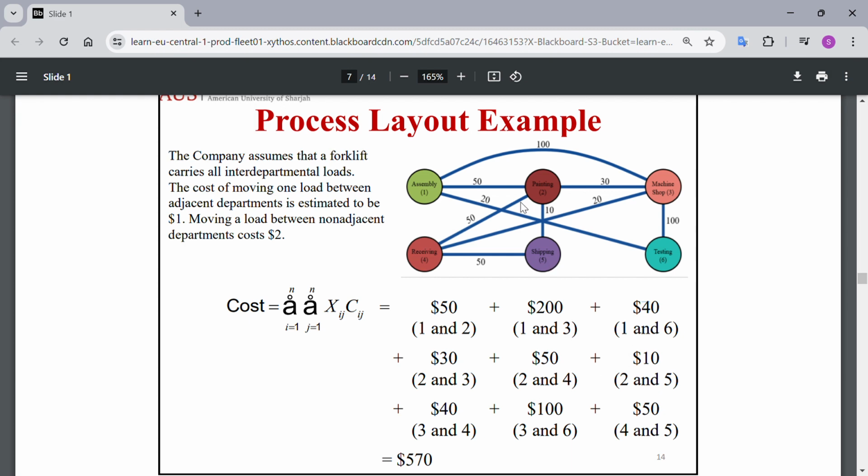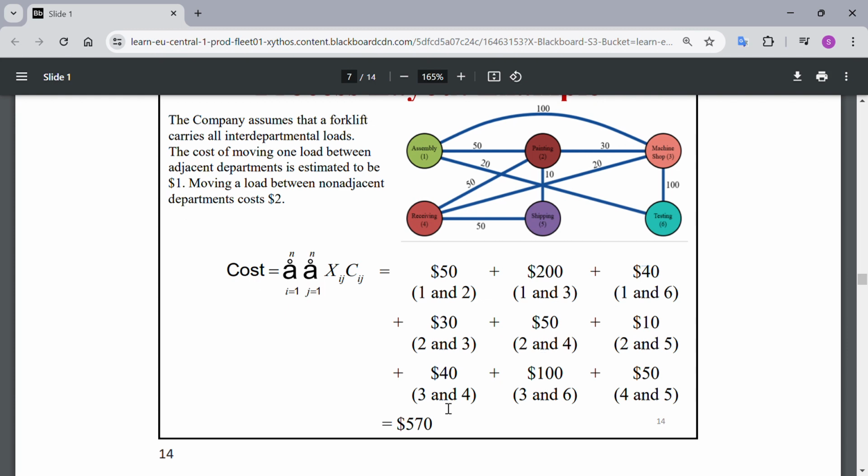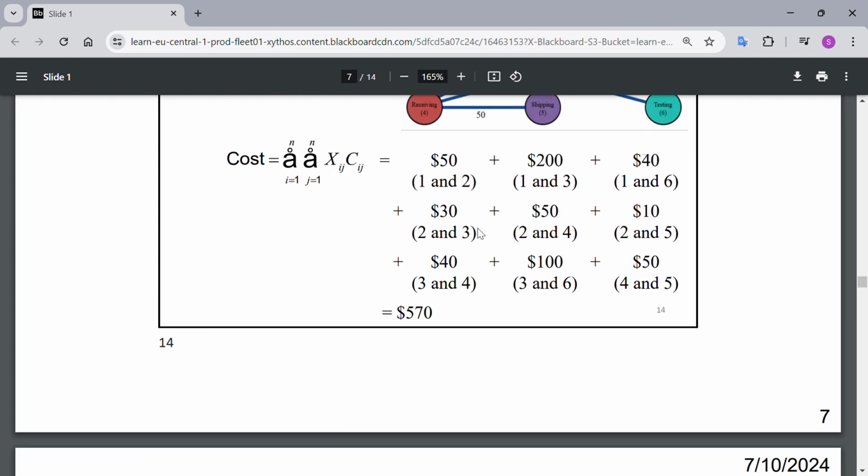Okay, so 2 and 4 is 50, 2 and 5 is 10, they are all adjacent. Now 3 and 4, they are not adjacent, so we're gonna multiply 20 here by 2. And also for 3 and 6, we do have 100, they are adjacent, so we're gonna multiply it by 2. And then we do have 4 and 5, and it's $50.